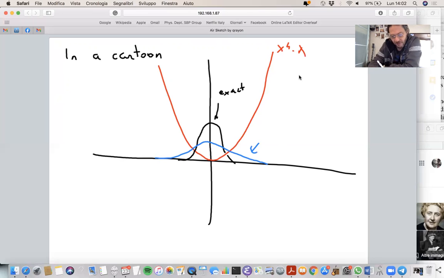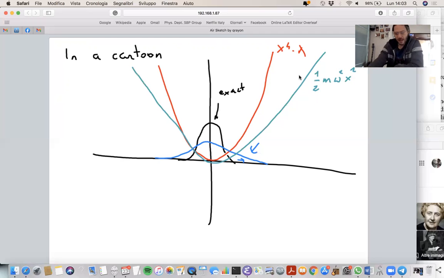So the energy penalty of traveling under the shadow of the potential energy will be higher in a quartic potential than in a quadratic potential, because the quadratic potential goes a little bit slower. It's my 1/2 and the square, right? Now, among all the Gaussians, however, there is one optimal Gaussian that I will draw with purple.